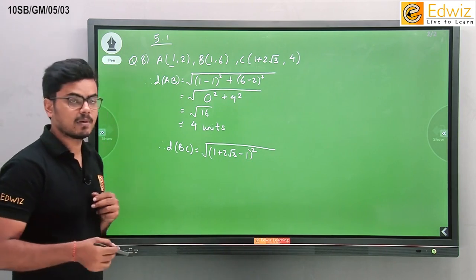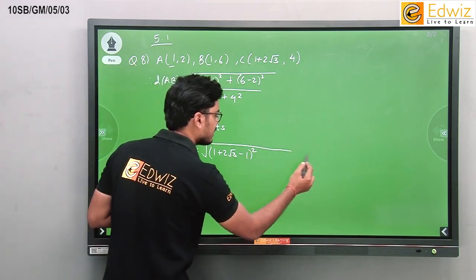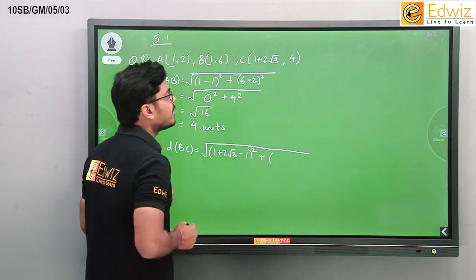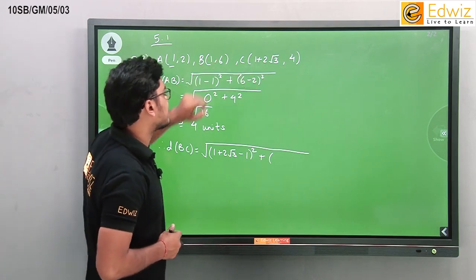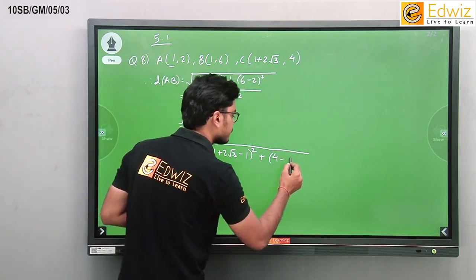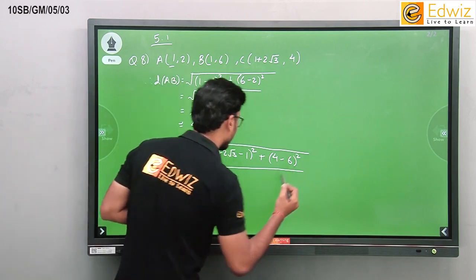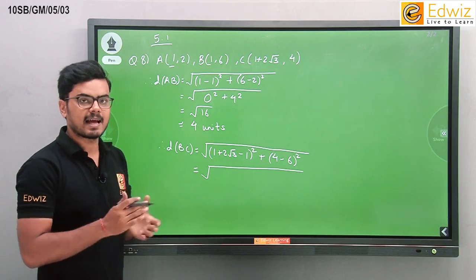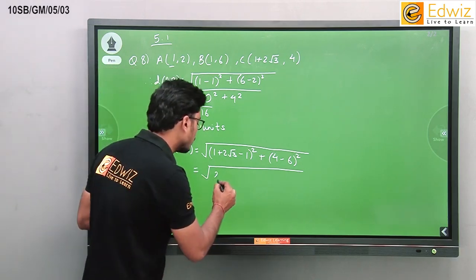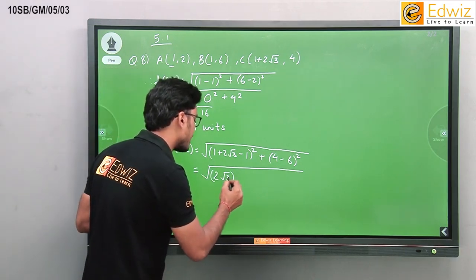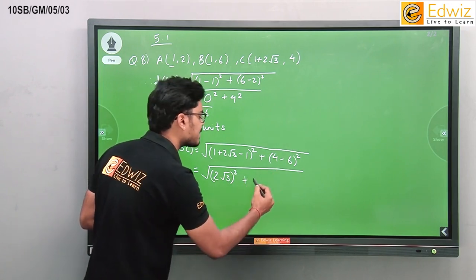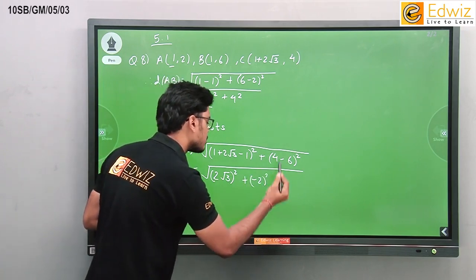Okay, this is x2 minus x1 plus y2 minus y1 the whole square. So y2 here is 4 minus 6 the whole square. Okay, so this will be equal to square root of, here 1 minus 1 will get cancelled and the only thing left is 2 root 3 square plus 4 minus 6 is minus 2 square.